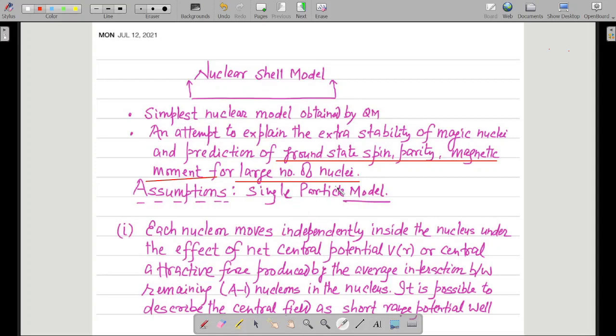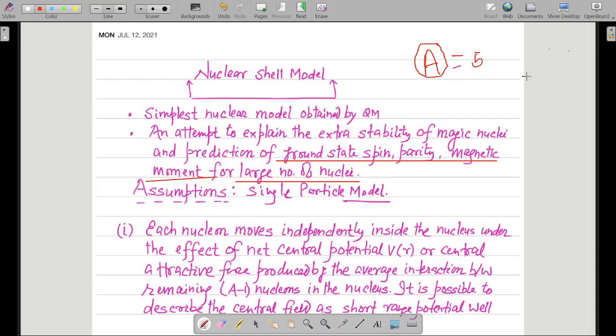I have already told you that the central nuclear force acting on a nucleon, we are assuming it to be because of the other A-1 nucleons. Suppose we have A nucleons in the nucleus. Suppose A is equal to 5.